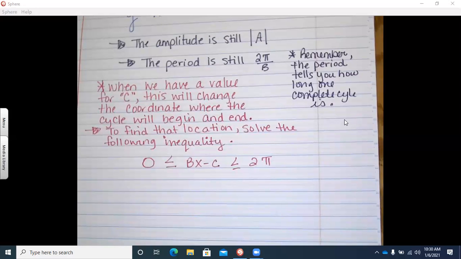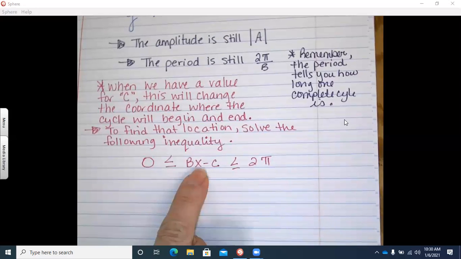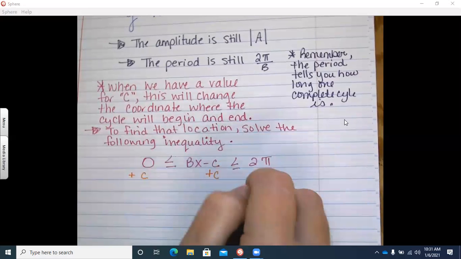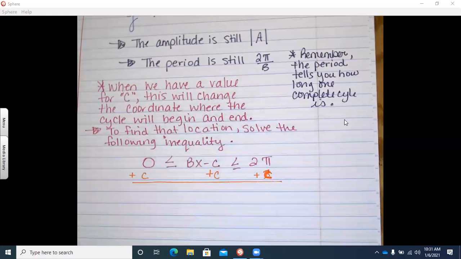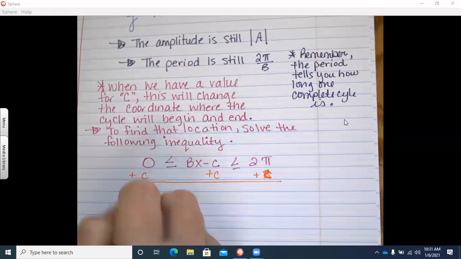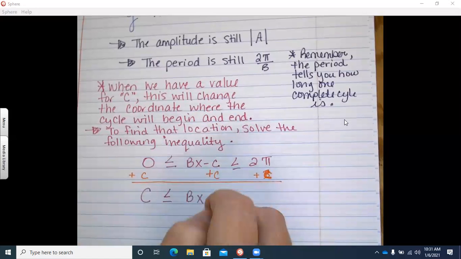The first thing I'm going to do is add c to all parts of the inequality. Oh, I put a 3, I meant a c. Very messy c. So 0 plus c is less than or equal to bx minus c plus c, which is bx, is less than or equal to 2 pi plus c.